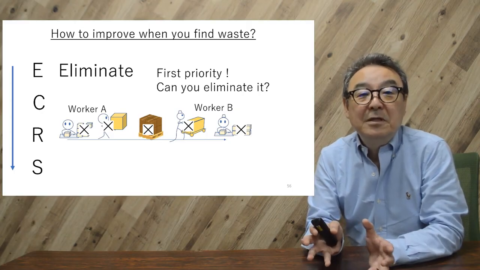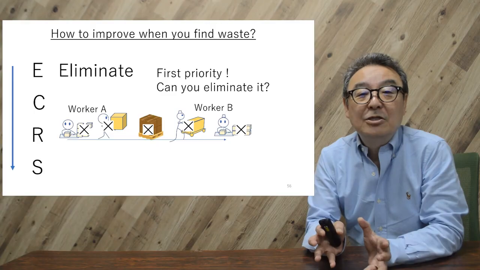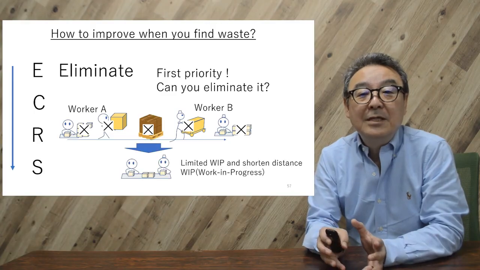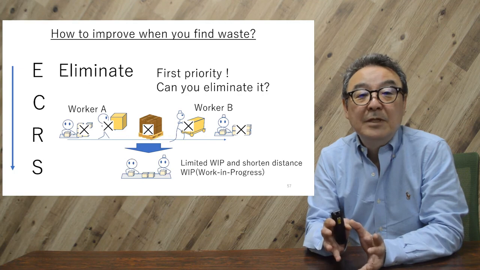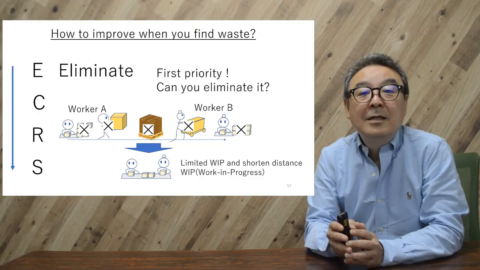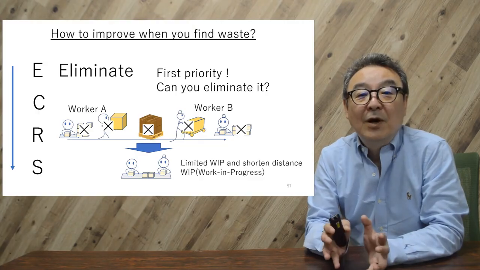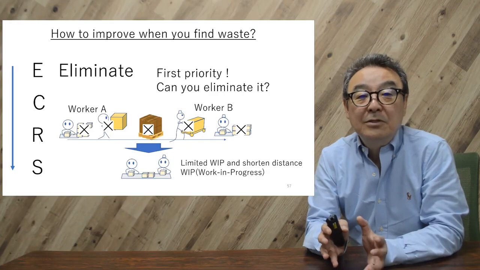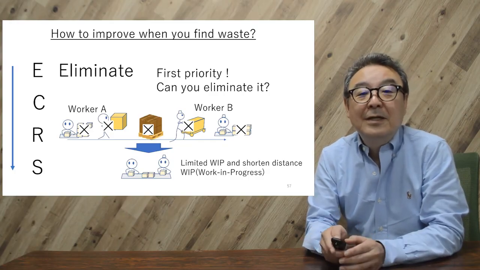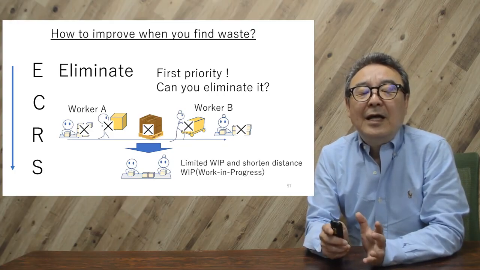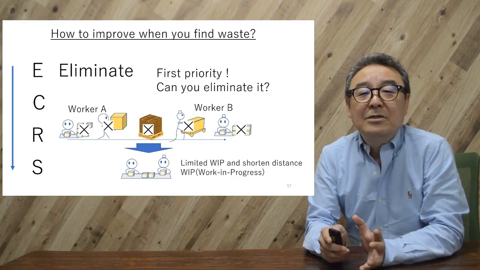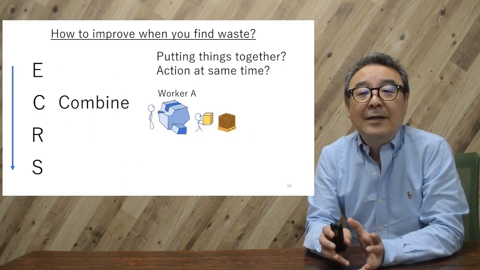All are waste. So we will try to eliminate them like this: very limited WIP, work in progress, and shortened distance between the works. So we can eliminate transportation, inventory, etc.